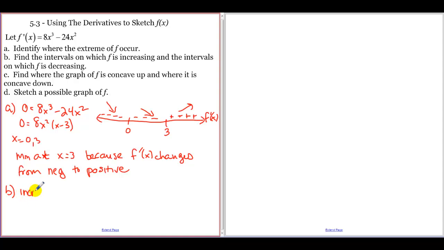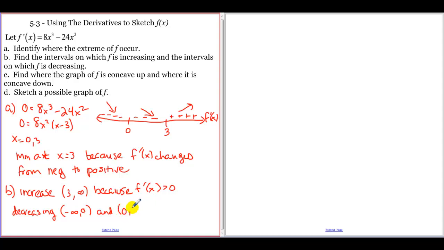So we are increasing from 3 to infinity because f prime of x is greater than 0. We are decreasing on the interval from negative infinity to 0 and from 0 to 3.